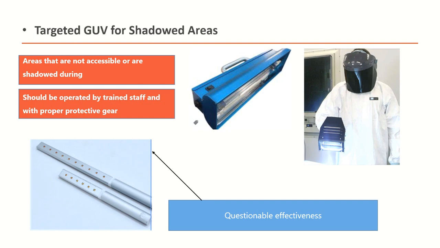In this case, we can use handheld devices, but you have to be very careful when using this because the person using this has to be properly trained and use proper PPE. Also, nowadays there are a lot of products that are coming into the market which have a questionable effectiveness.